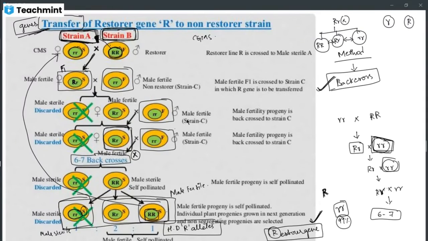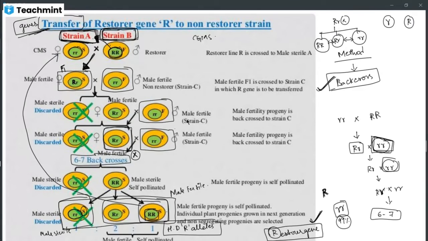Then sir, we have written fertile cytoplasm in subsequent crosses, right? Which we have used as a recurrent parent? No, see, I have just told you as an example.